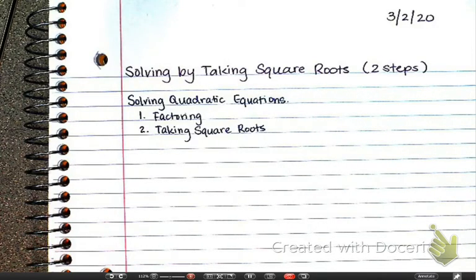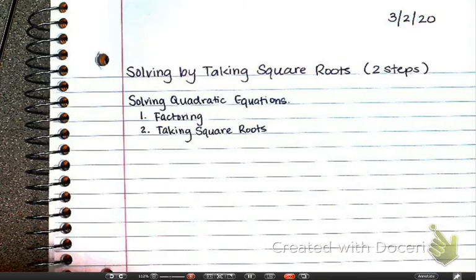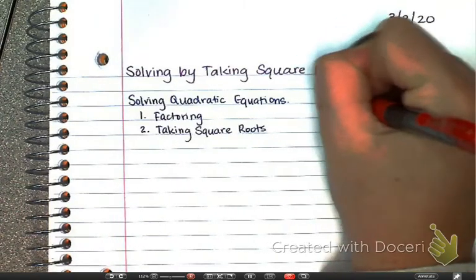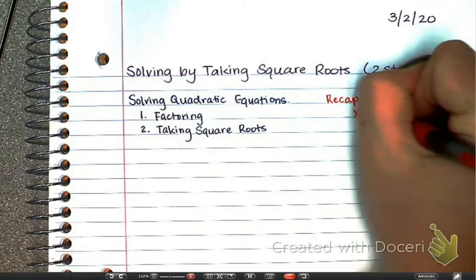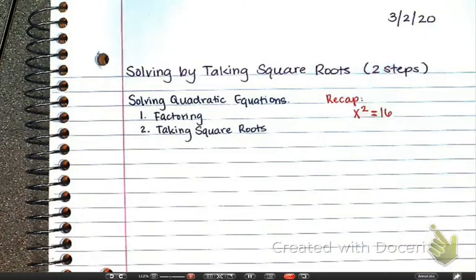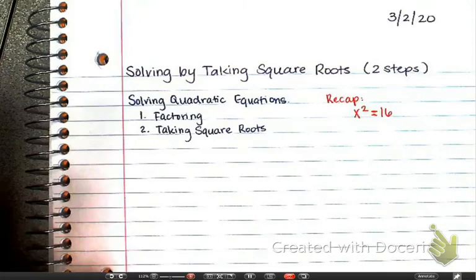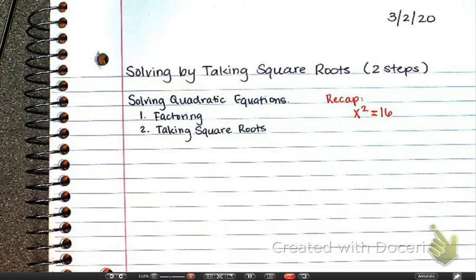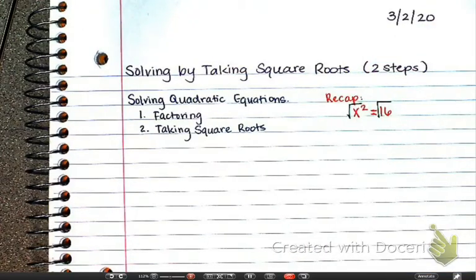Everyone with me? Okay, a recap from Friday. If I want to solve x squared equals 16 by taking square roots, what would I need to do? I'm going to take the square root of each side, because whatever you do to one side, you have to do to the other.